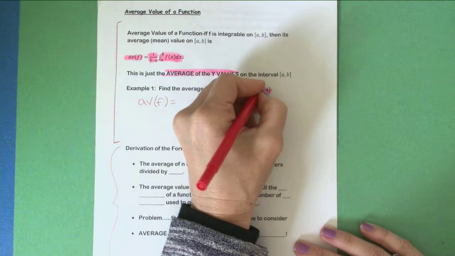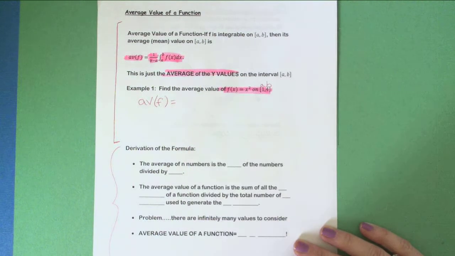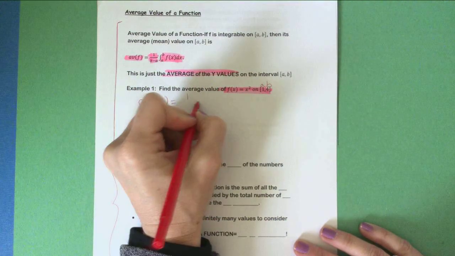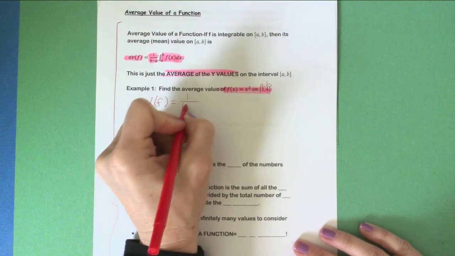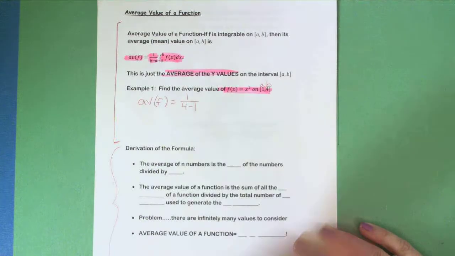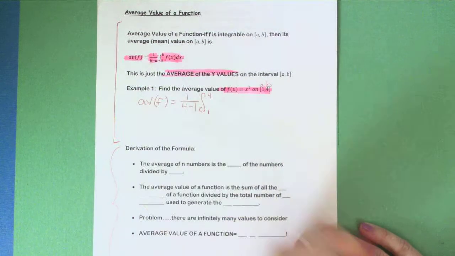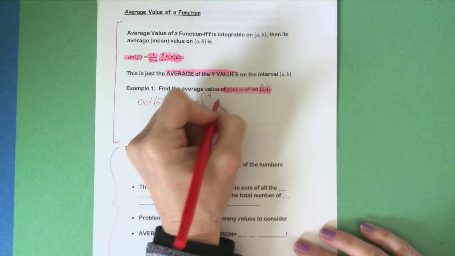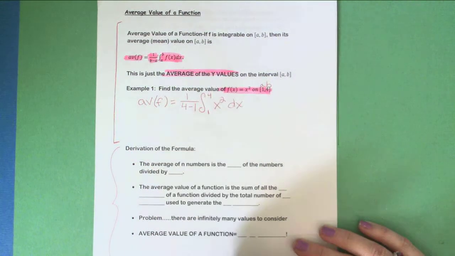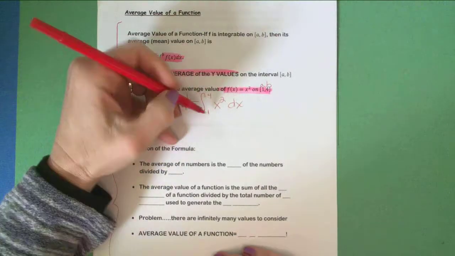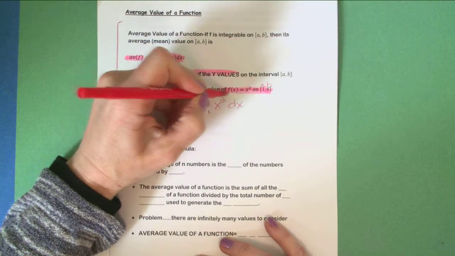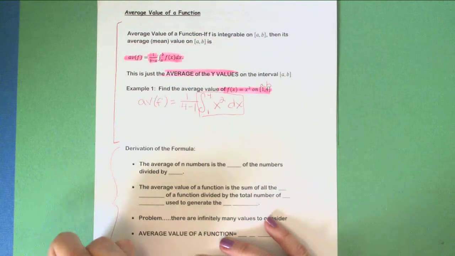So you're just going to do 1 over b minus a times the definite integral from a to b of your function dx. It's that simple. Now, for this part right here, you're just going to run your fundamental theorem. So I like to do that first. So I will calculate this.